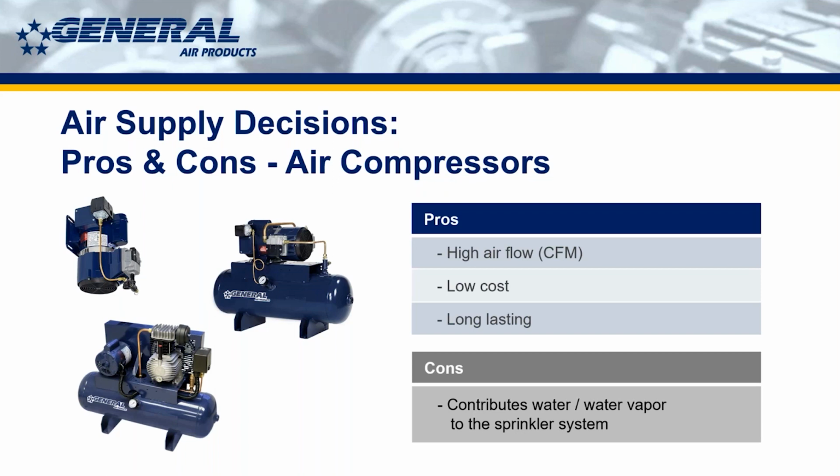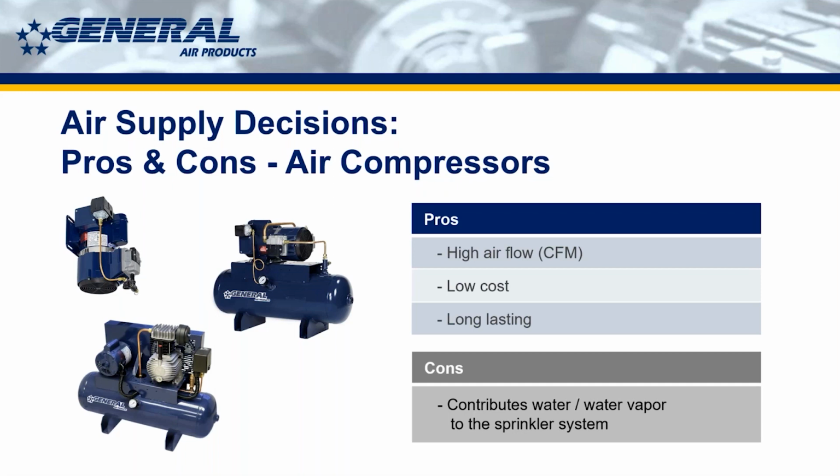The negative aspect, especially where corrosion is concerned, is that these contribute water and water vapor to the sprinkler system. When you compress air, you get water. The water that's in the air starts to condense, and it'll either collect in the tank, collect in the piping, or get blown out into the system, causing corrosion. Most of the time it's a very small amount, but it still is a contributing factor as opposed to an inhibiting factor. So that's why I call it out there as a negative.